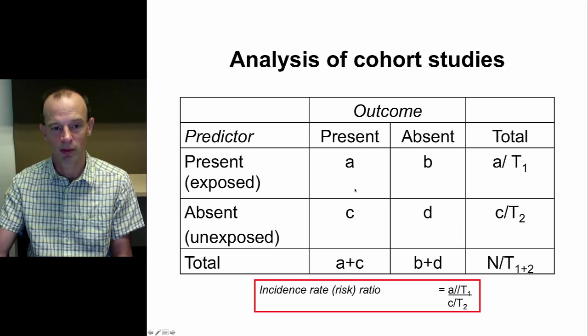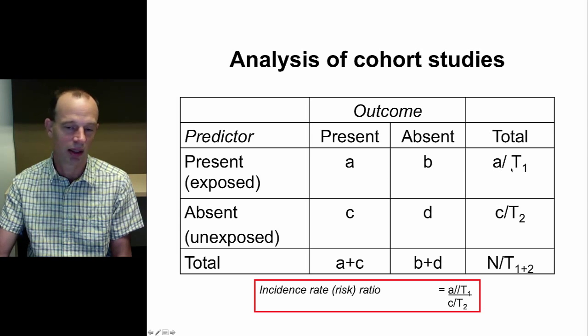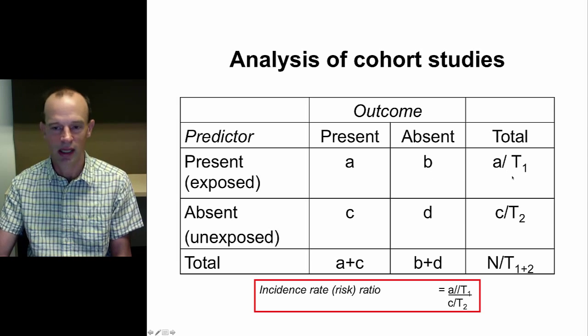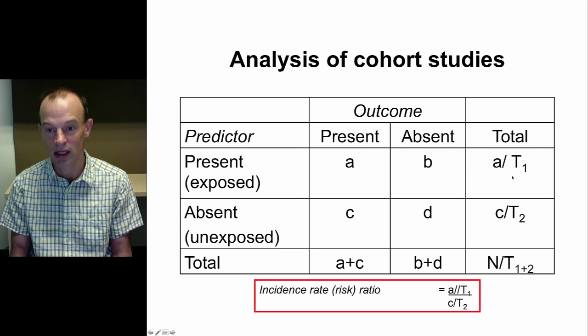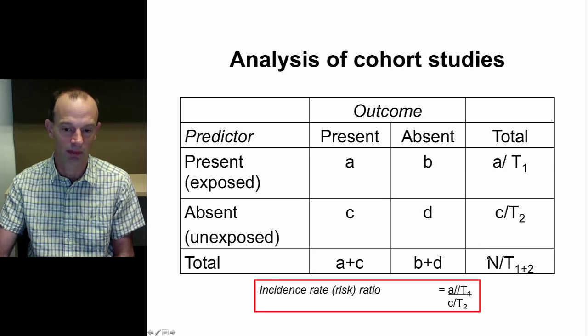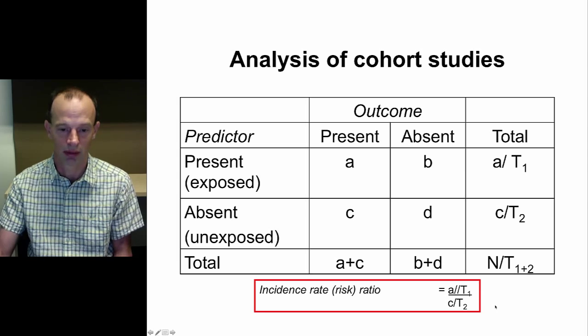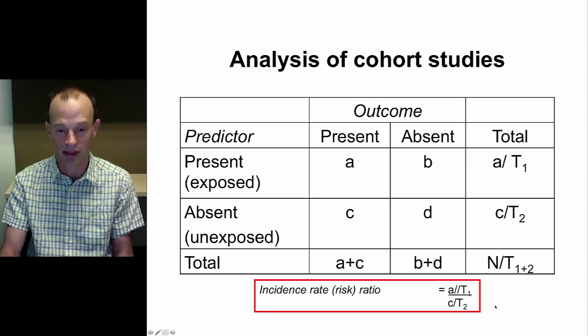So you follow people forward in time, you determine whether the outcome is present at the end of the study, the A's and the C's, and then you compare the incidence rate of the disease over the time period. Although it's usually calculated in terms of person-years of follow-up, so it includes both the number of people you're following as well as the time of follow-up. And the main outcome measure you're comparing the two groups with is something called an incidence rate ratio.